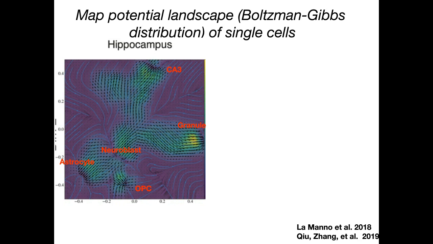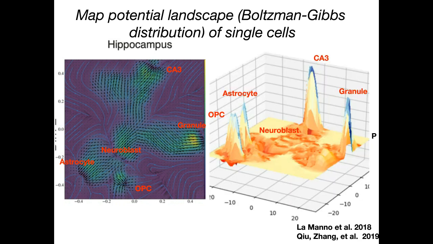Then we applied the potential landscape mapping method on this data set, and obtained this picture. The y-axis corresponds to the probability of the cell at that particular state. So you can see for the terminal cell types, CA3, granule, astrocyte, OPC, the probability is very high.